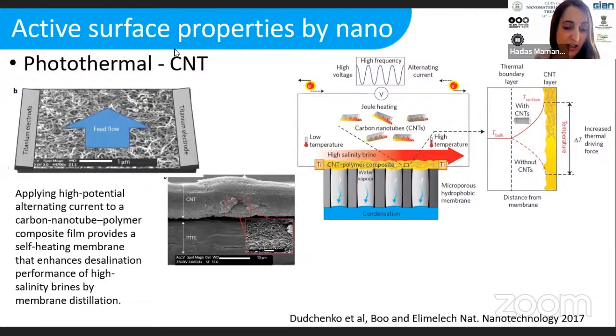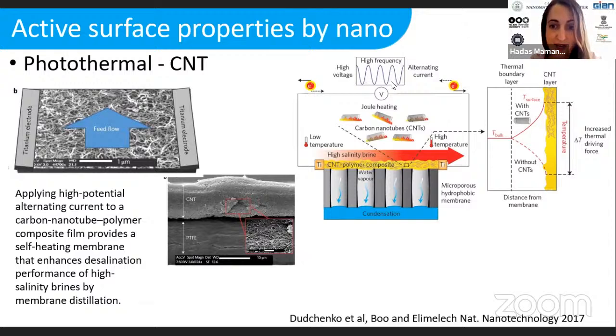And here we can also see, when we apply a high potential alternating current to a carbon nanotube polymeric composite film, this alternating current provides a self-heating membrane, okay?